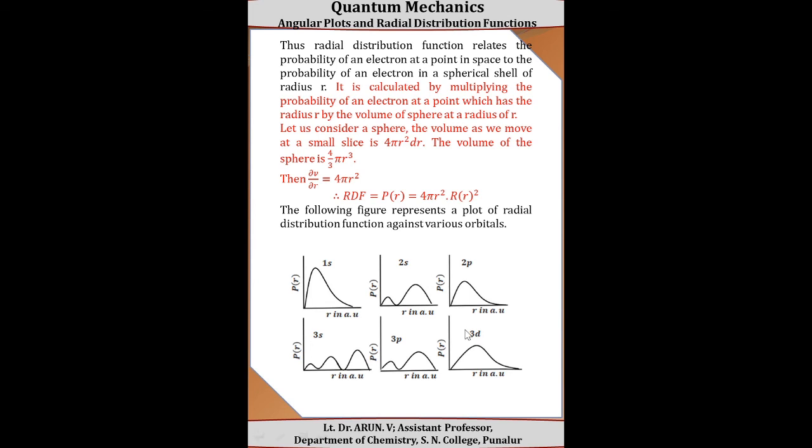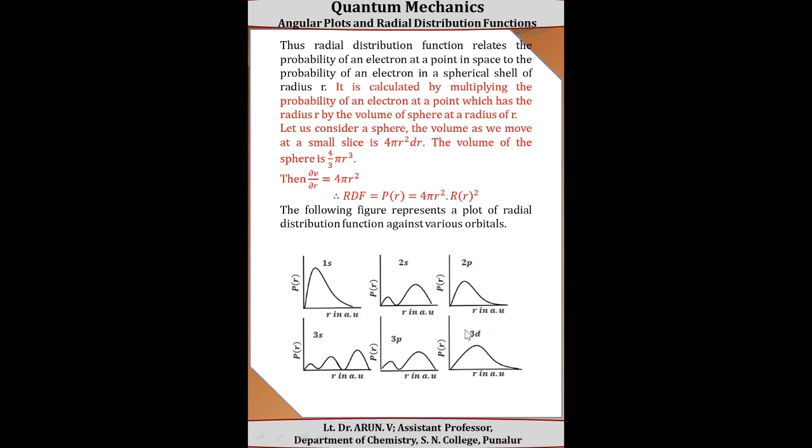Mathematically, it can be calculated by multiplying the probability of an electron at a point which has the radius r by the volume of a sphere at radius r. In the case of a sphere, the volume as we move a small slice is equal to 4 pi r square dr. Then the volume of the sphere is 4 by 3 pi r cube, then dV by dr is equal to 4 pi r square. Then the radial distribution function P(r) is equal to 4 pi r square into R square.